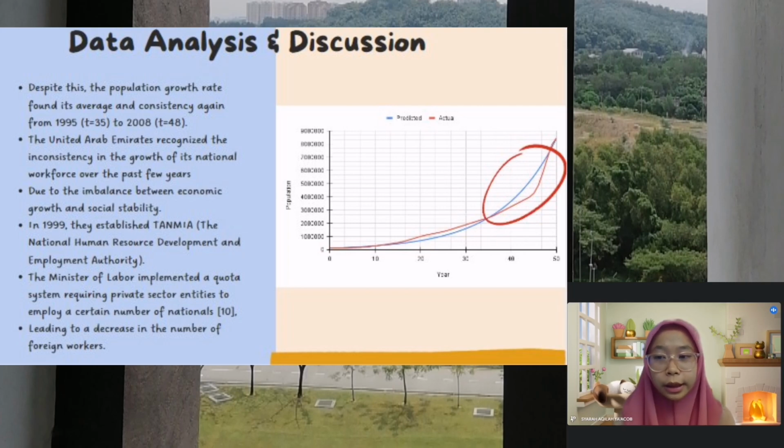In this policy, the Minister of Labour implemented a quota system requiring private sector entities to employ a certain number of nationals, which means they need to employ some of their employees from the citizens only. This then leads to a decrease in the number of foreign workers in the UAE.